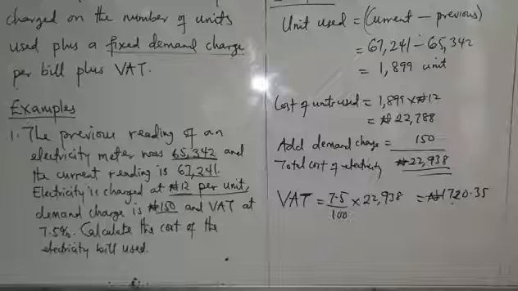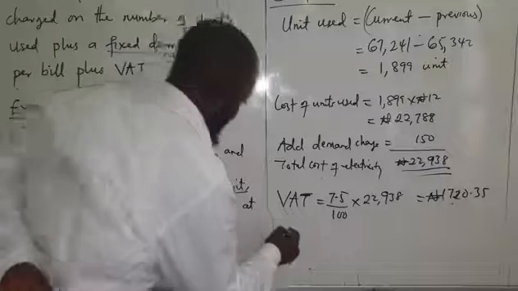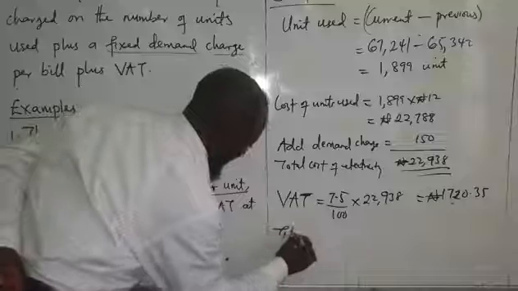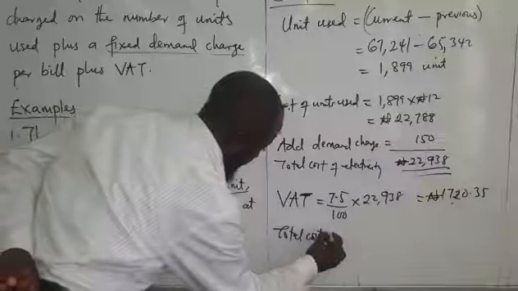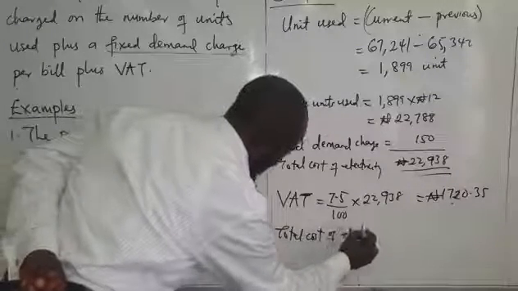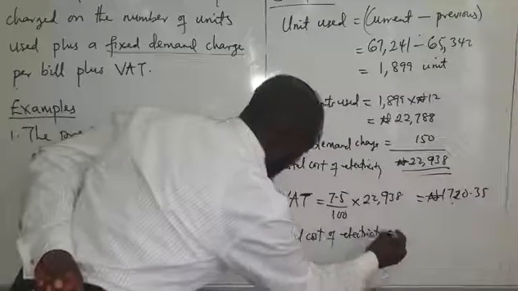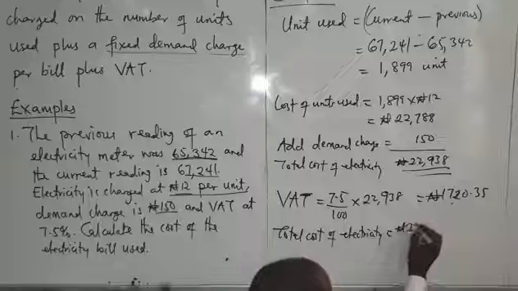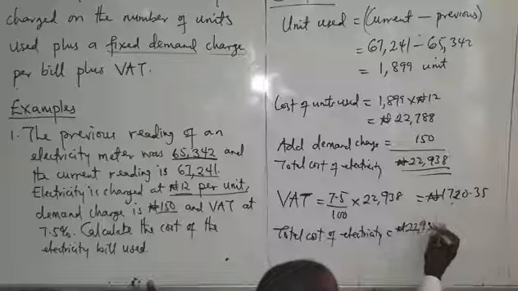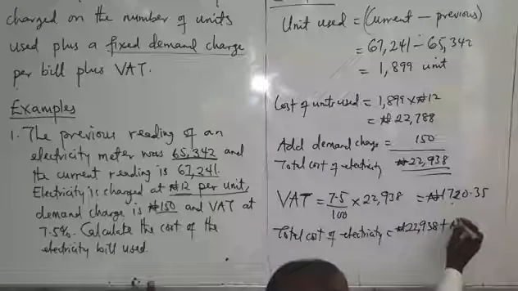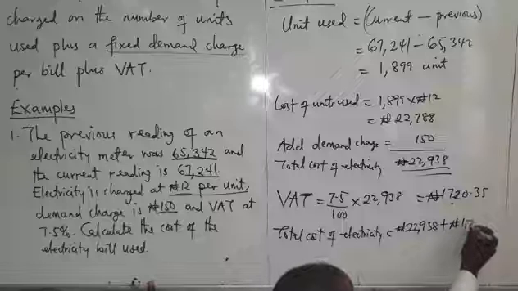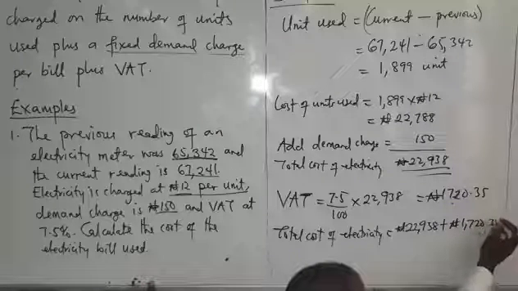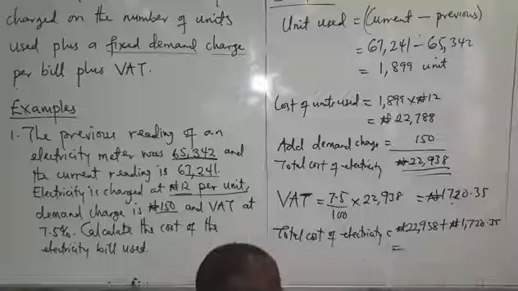So the total cost of electricity will then be 22,938 plus 1,720.35. So what do we have?